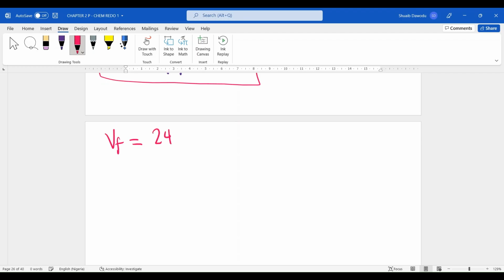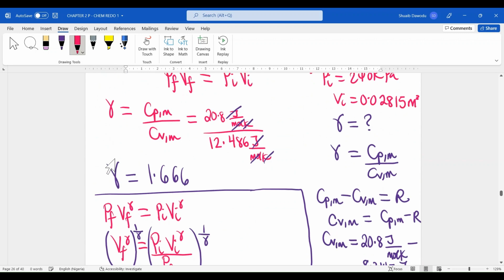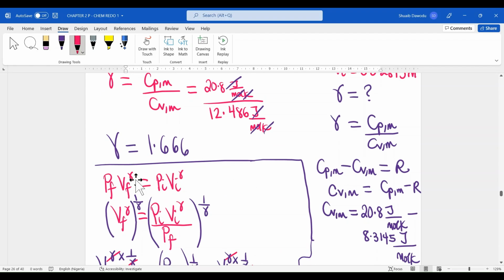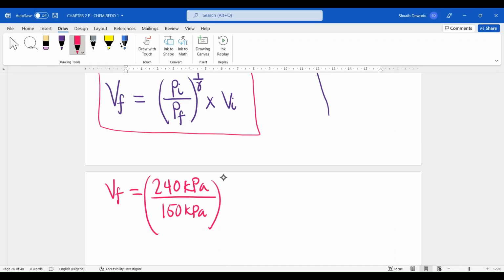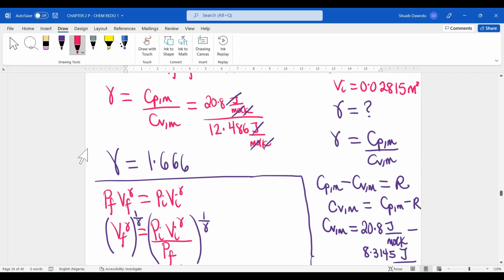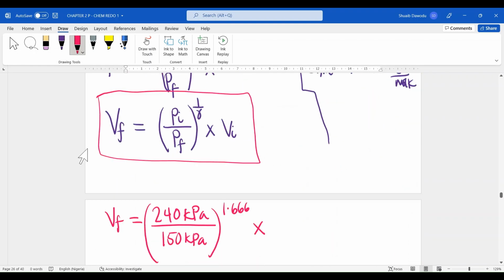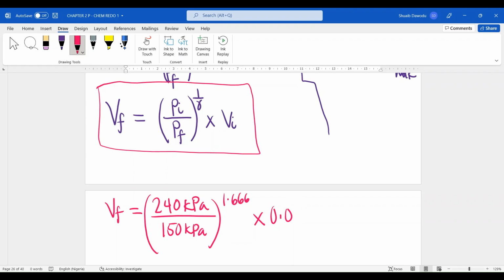So that would be 240 kilopascal divided by P final, 150 kilopascal, raised to the power of gamma, which is 1.666, times V initial, which is 0.02815 times 0. Oh, I apologize.